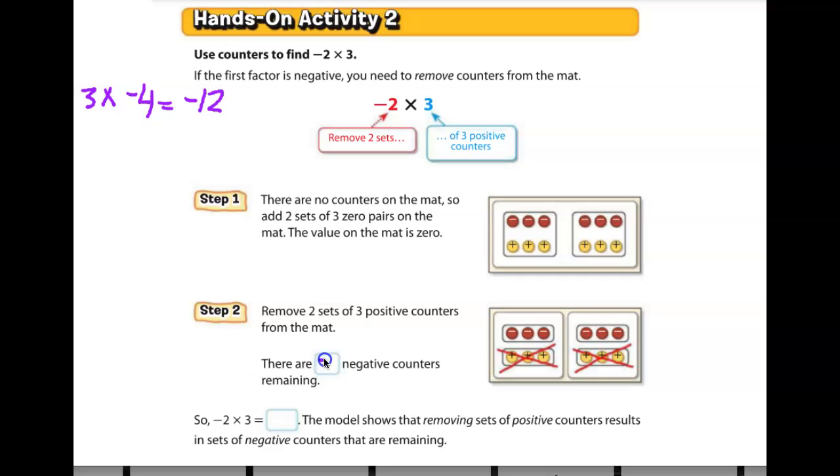It shows that there are 6 negative counters left. So the product is going to be negative. So a negative times a positive, once again, equals a negative. A positive times a negative equals a negative, and a negative times a positive equals a negative. We need to notice these patterns.